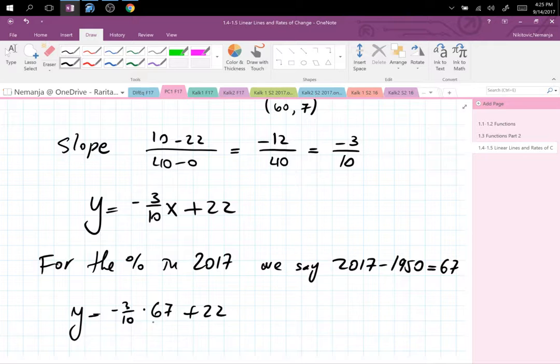Just call it 200 divided by 10. 200 divided by 10 is 20, right? So we have negative 20. So about negative 20 plus 22 equals 2%.